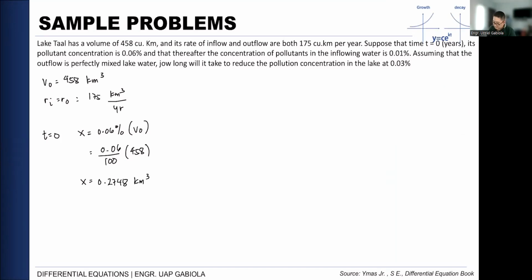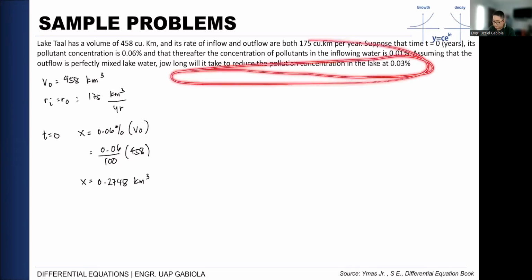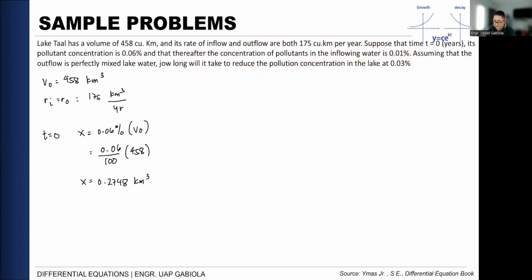Tapos nakalagay dito, how long will it take to reduce the pollution concentration to 0.03%? Okay? So, ibig sabihin, kapag yung concentration natin is 0.03%, kailan natin ma-achieve yun, ano? Kailan magiging ganun yung value ng concentration? So, 0.03% natin times nung initial is 0.03 over 100 times 458.